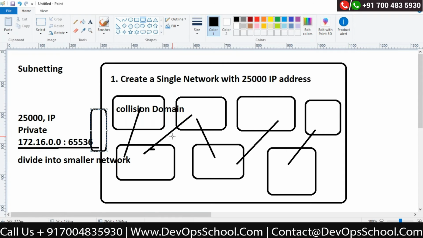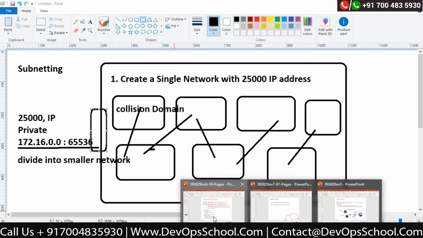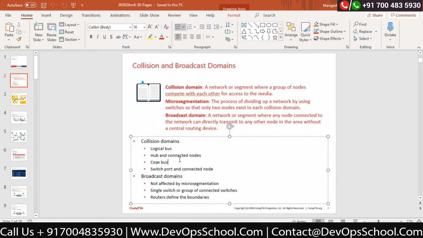Whatever is happening should be within this broadcast domain. So a broadcast domain is nothing but the boundary of your complete group of collision domains together, or you can say whatever segments they are talking about. Correct? So a collision domain is nothing but a logical bus, hub, connected coaxial bus, switch port, connected node.